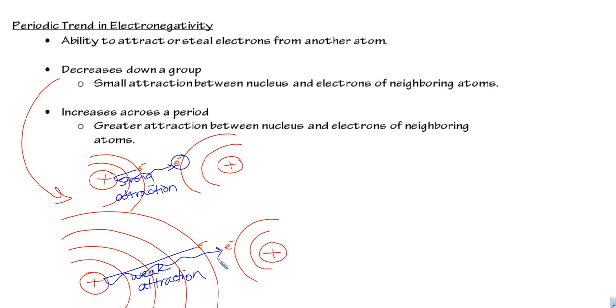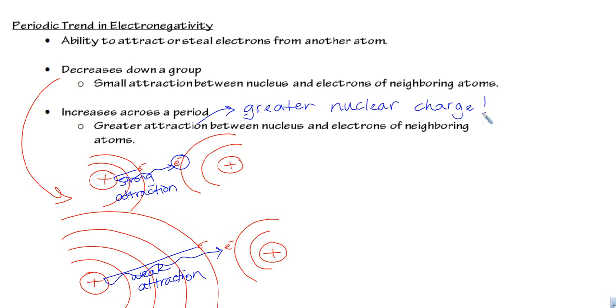But now going across, we said that the radius decreases. There's a greater attraction between the nucleus and the outermost electrons. Greater attraction because there's a greater nuclear charge.